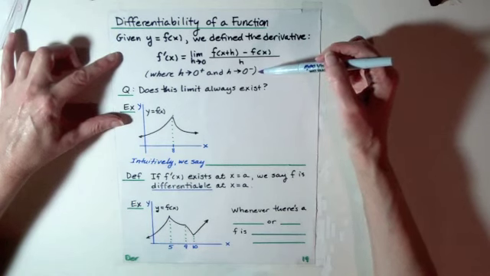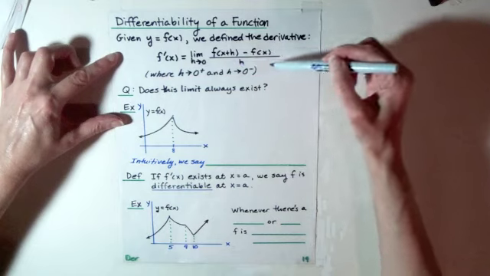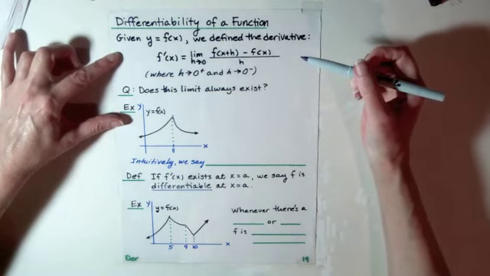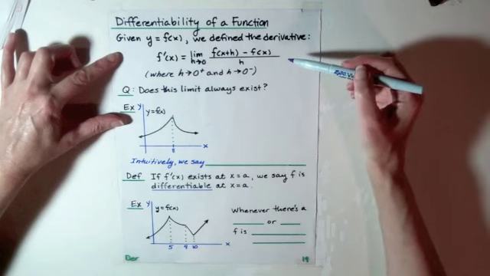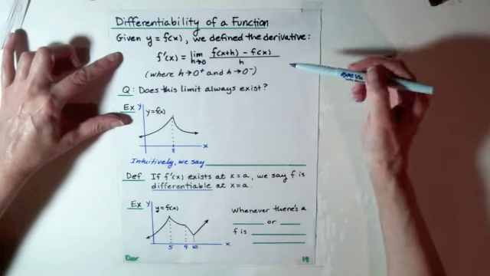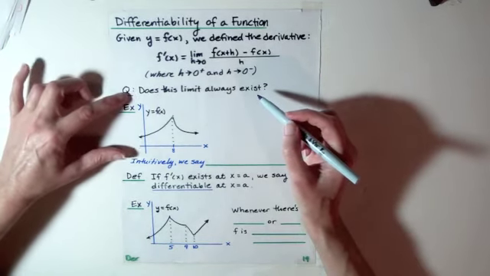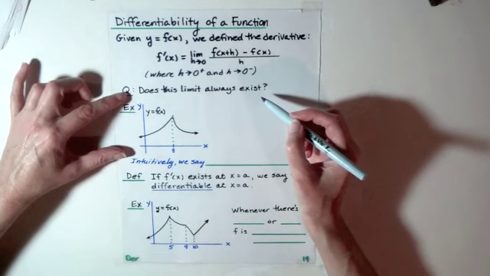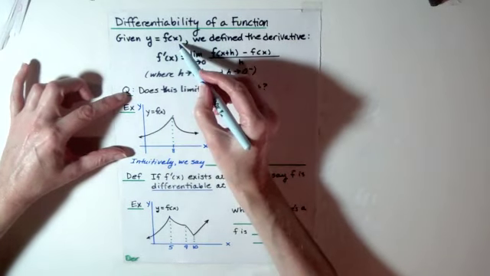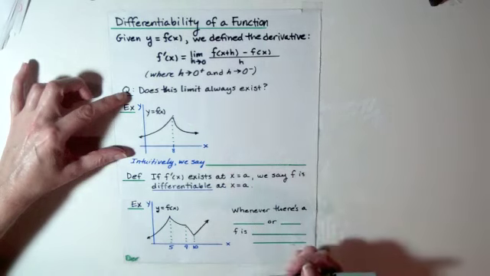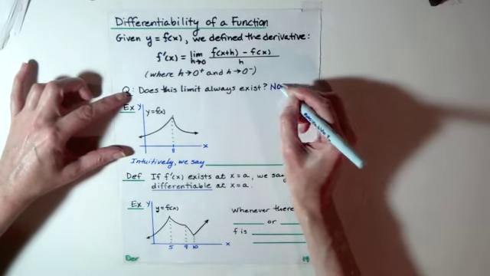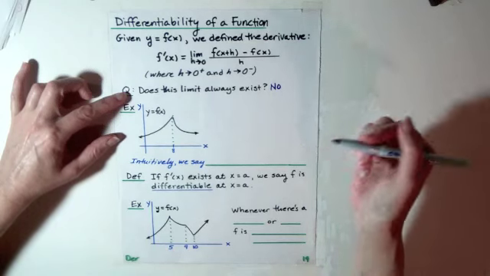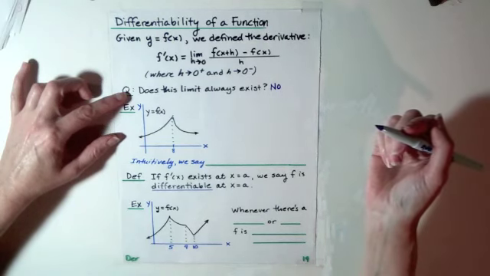And you might remember that when we defined this derivative, f prime of x, we said it's equal to the limit of this expression provided that limit exists. And the question we're going to try to answer is, does this limit always exist for every function y equals f of x at every x? And it turns out, unfortunately, no, that limit does not always exist at every x value for every function.